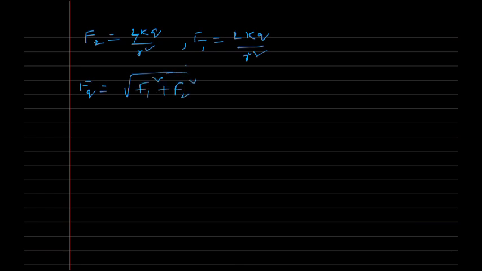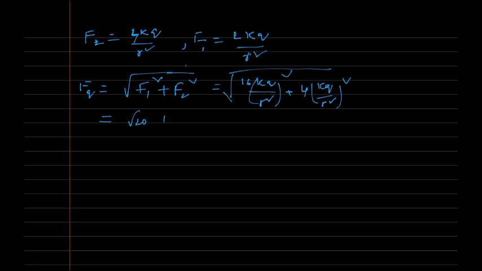You can simply substitute them, right? So 2KQ by R square whole square plus 4KQ by R square whole square, under root. So what I'm getting is exactly root 20 into KQ by R square. So this is what I have got.